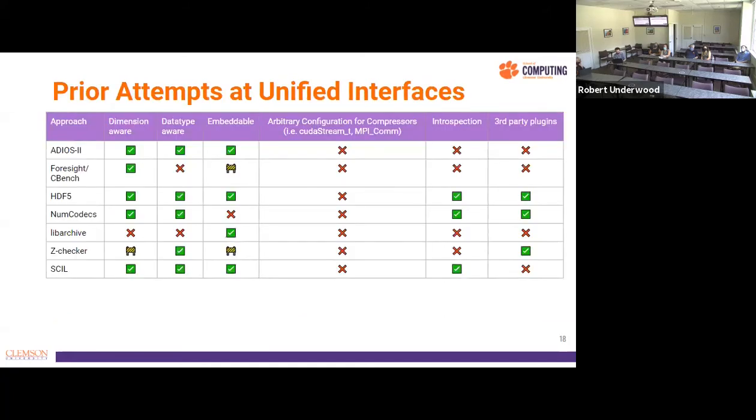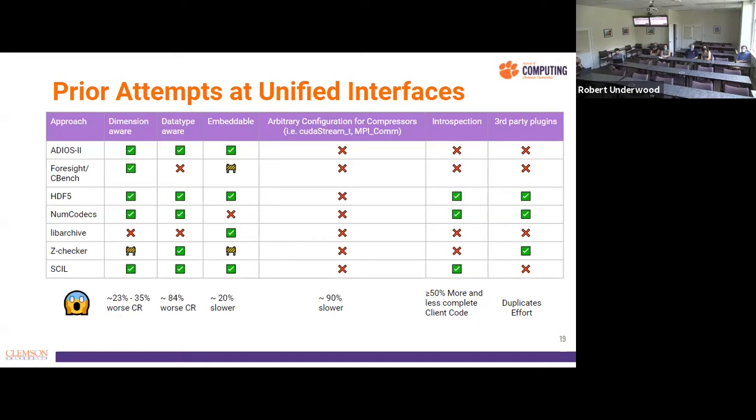And when we look at a collection of attempts that came before, whether it's Audios2, Cbench Foresight, HDF5, NumCodecs, LibArchive, ZChecker, or SCIL, we see that there are gaps in the kinds of abstractions which result in decreased performance. So for example, ZChecker only supports dimensions up to 4.